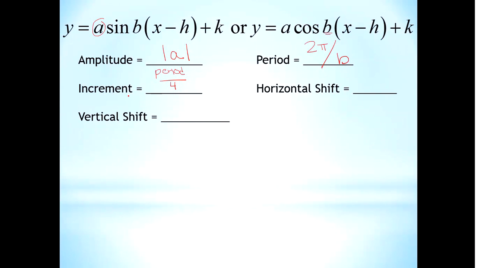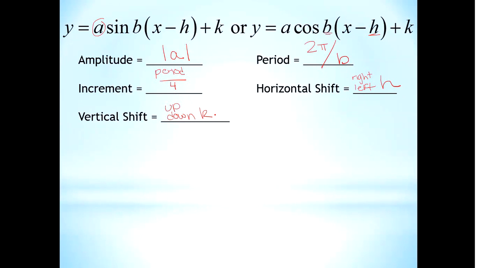Remember, the increment was what did we count up by on our x-axis, right? My horizontal shift is going to be either right or left, and it's going to be our h value right here. And then my k value is either going to be up or down for your vertical shift, depending on what it is.